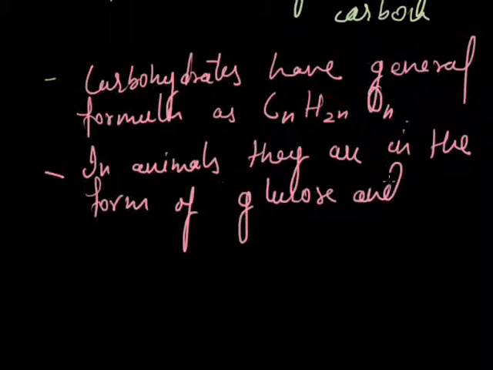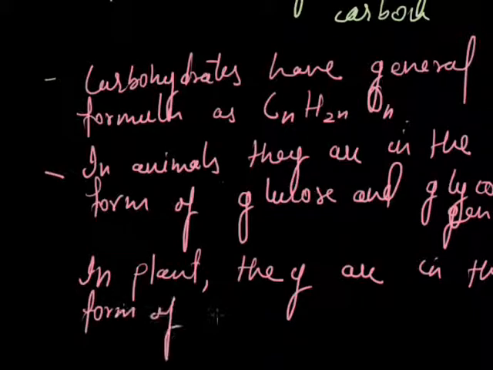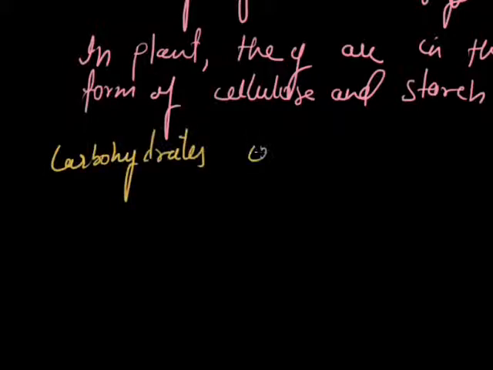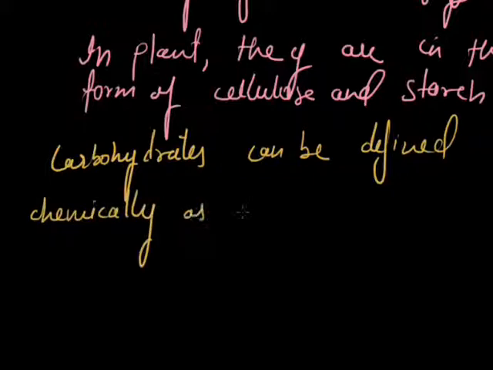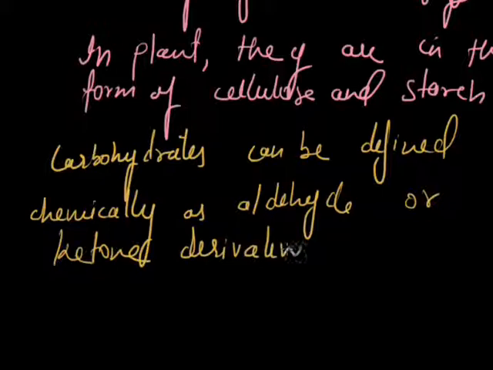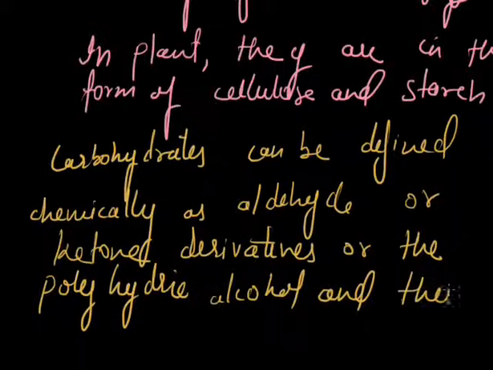In animals, they are in the form of glucose and glycogen. In plants, they are in the form of cellulose and starch. Carbohydrates can be defined chemically as aldehyde or ketone derivatives or the polyhydric alcohol and their derivatives.